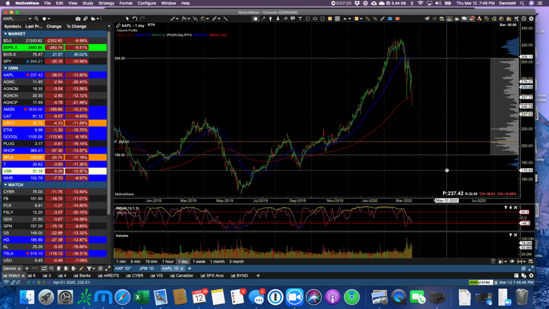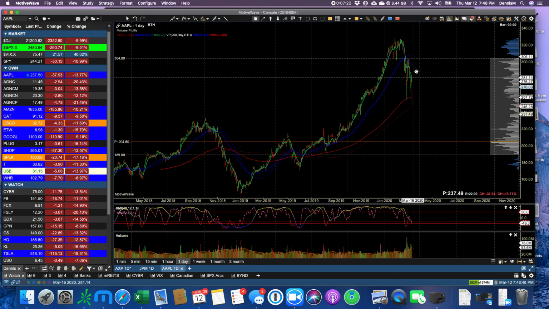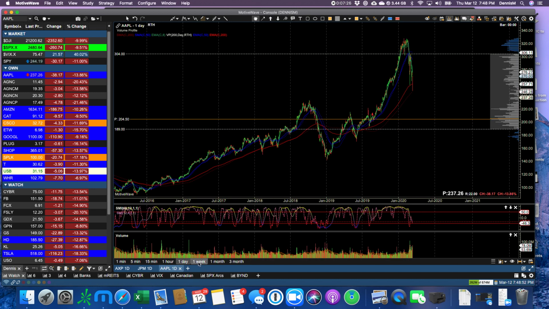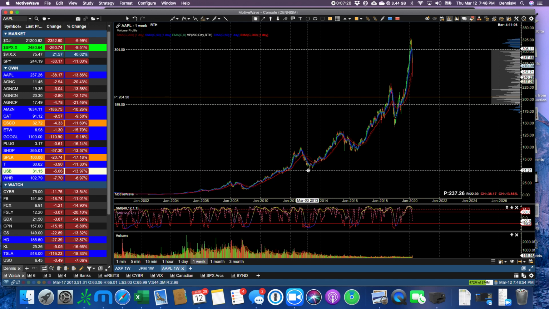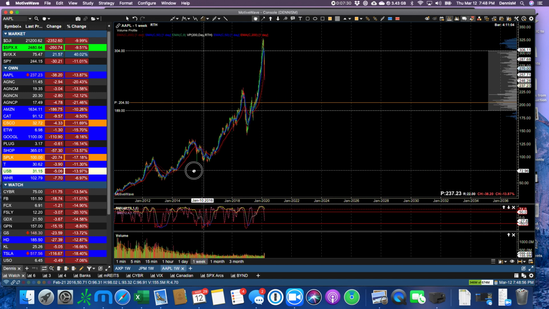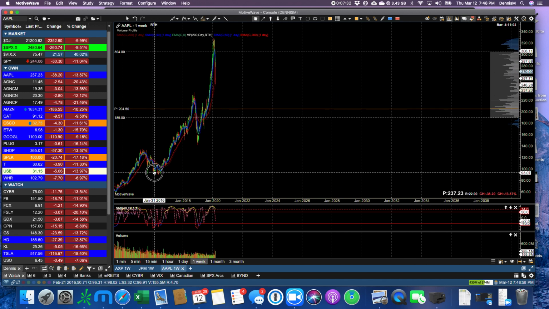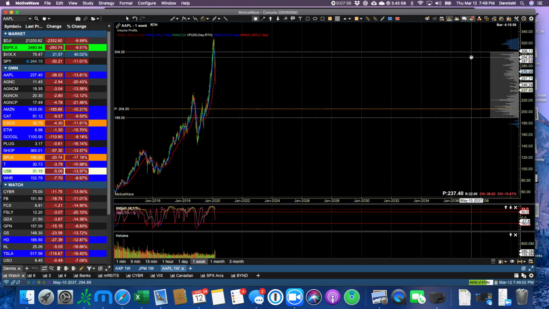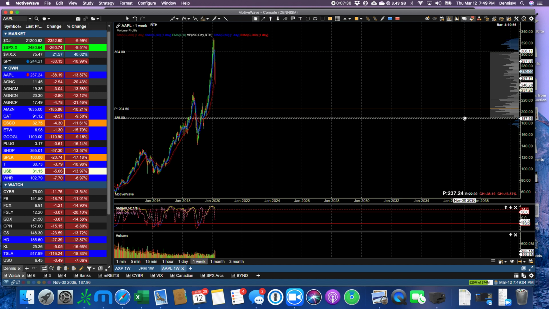If we look at where 80% of the trading has been since this low right here, let's take that low. 80% of the trading has occurred in this area with a low of 189, with a pivot point being around 204.50.